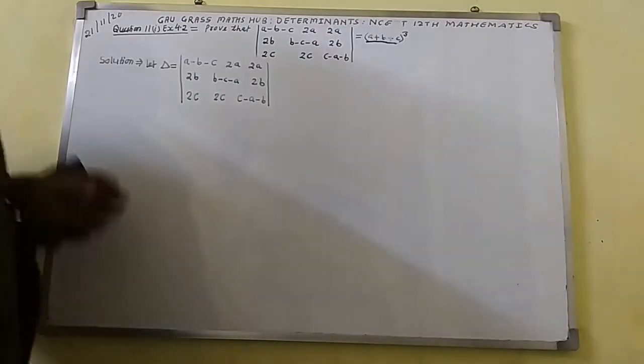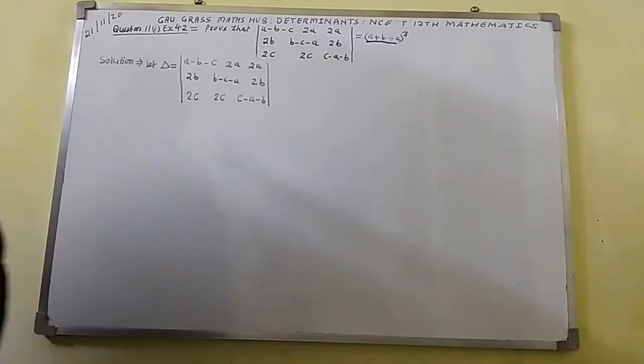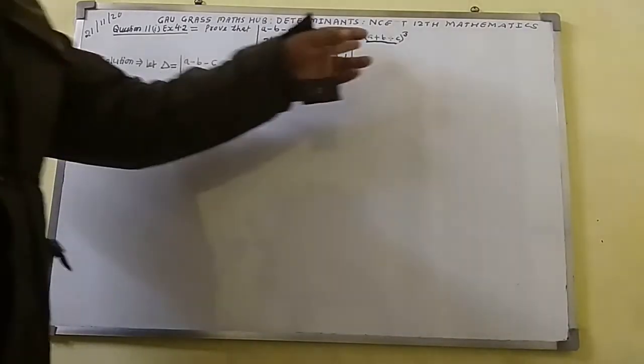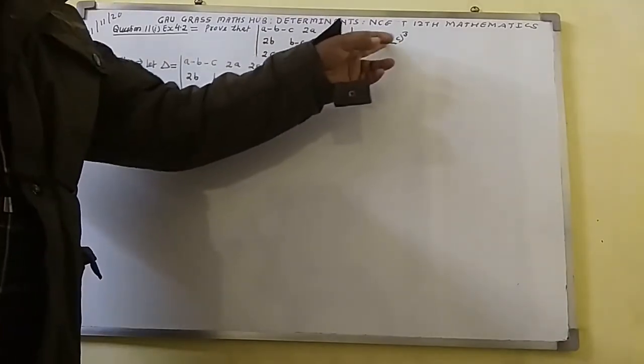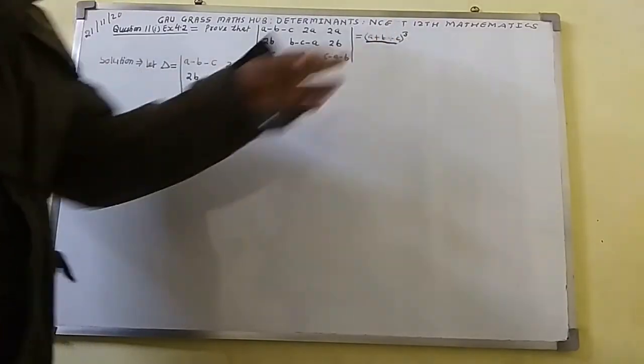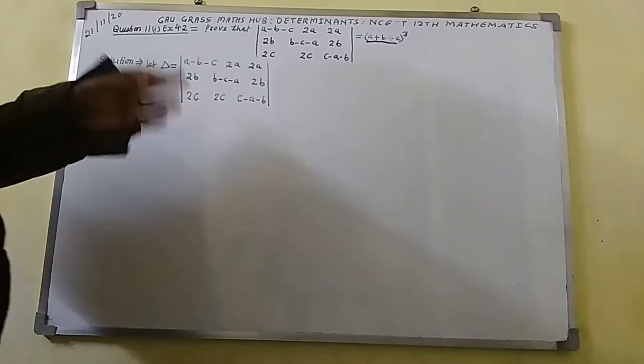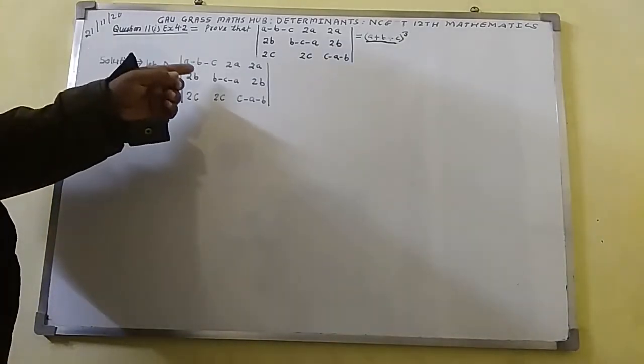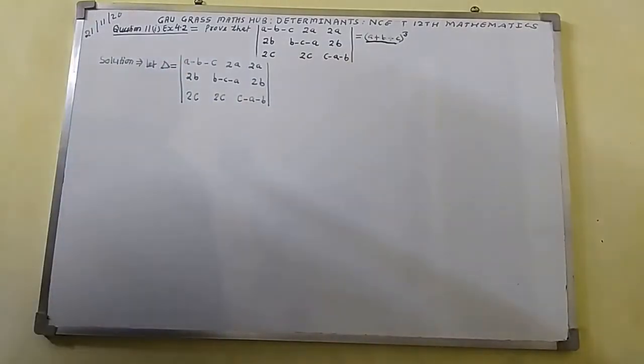Here I shall use properties in this determinant so as to get a plus b plus c as a common factor from any one row or any one column.